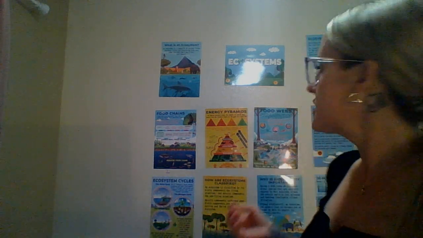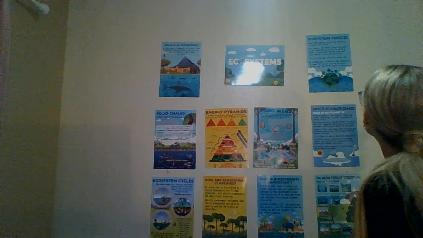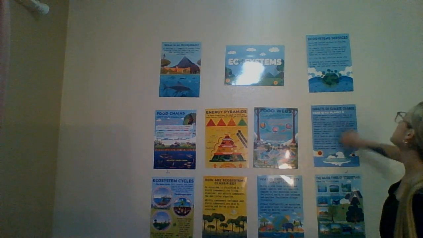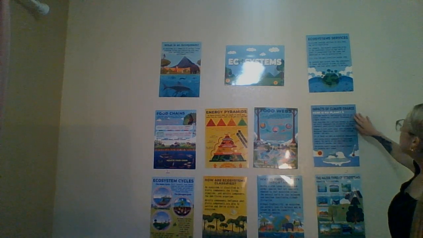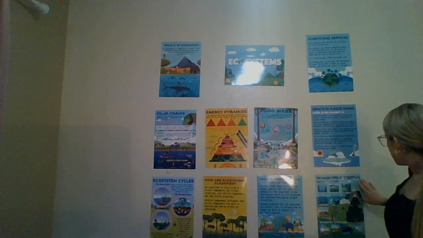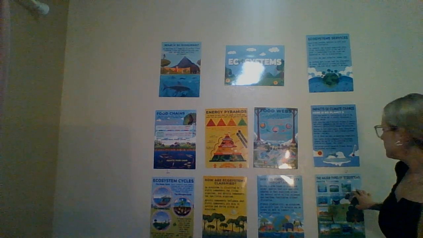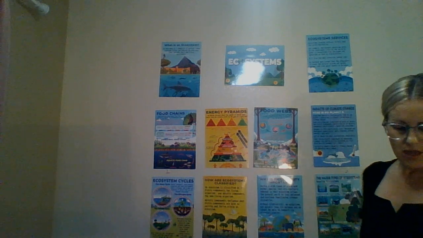We can also introduce videos, clips, of course, handouts, like I said, and other visuals and engagement ways to get students to understand the basics. It also goes over ecosystem services, impact of climate change, and the major types of ecosystems.